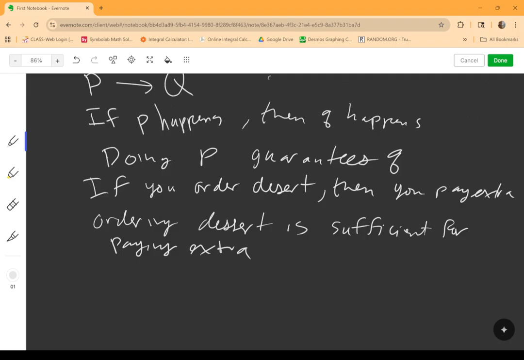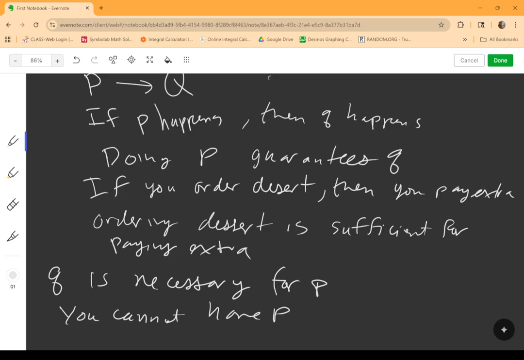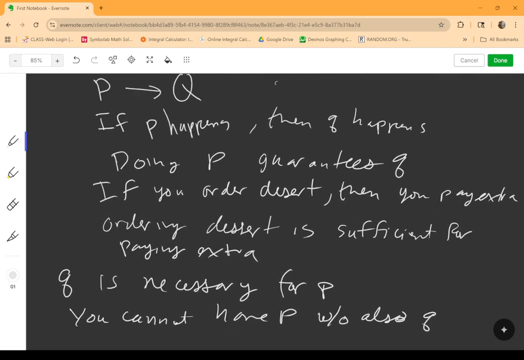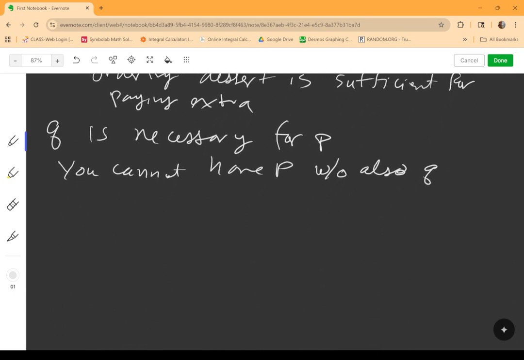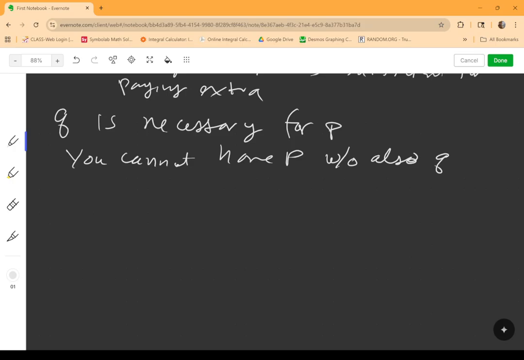Now, this idea of necessary: we say Q is necessary for P. You cannot have P without also Q. So Q must be true whenever P is true.